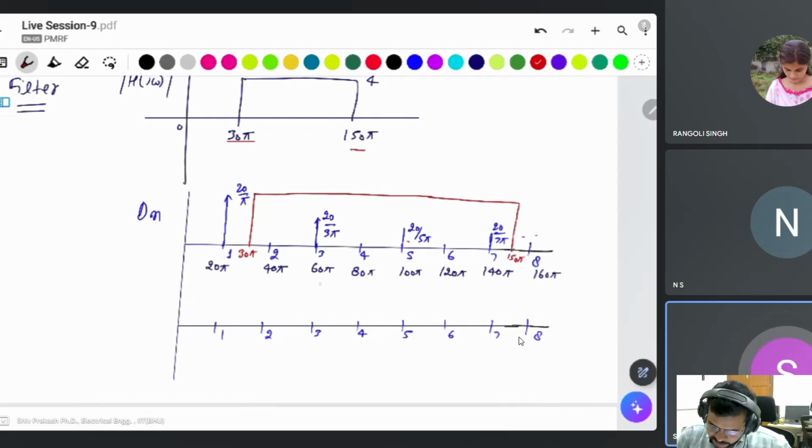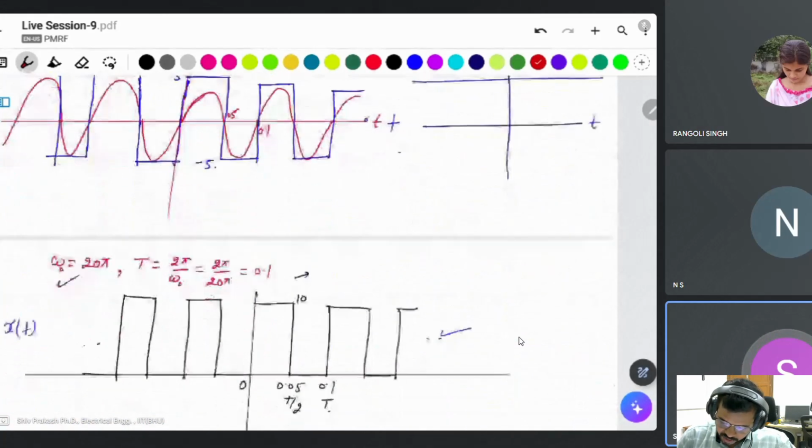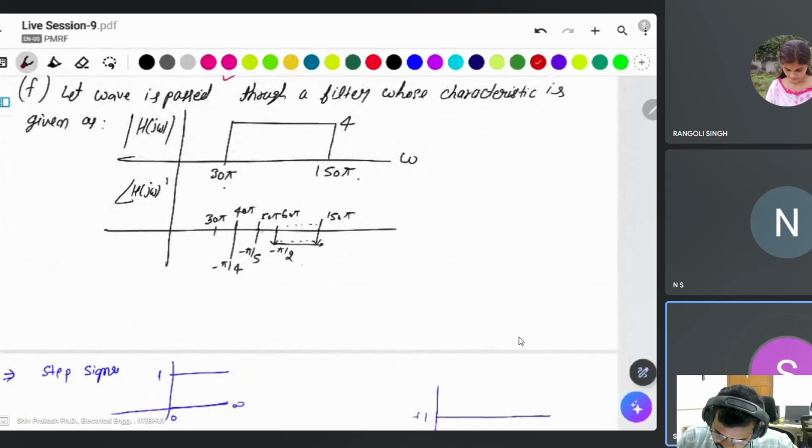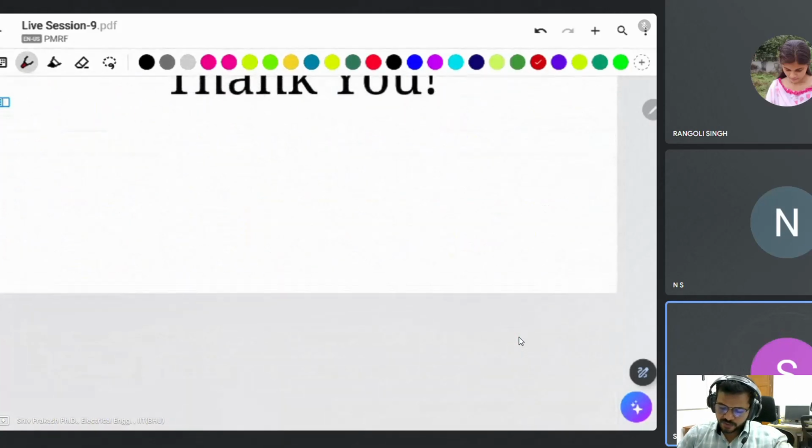It means 60 pi, 100 pi and 140 pi. What is the angle of the filter at 60 pi, 100 pi and 140 pi? The question is mentioning the angle also. The other angles are not passing, only 60 to 150 is passing, and the angle is minus pi by 2.